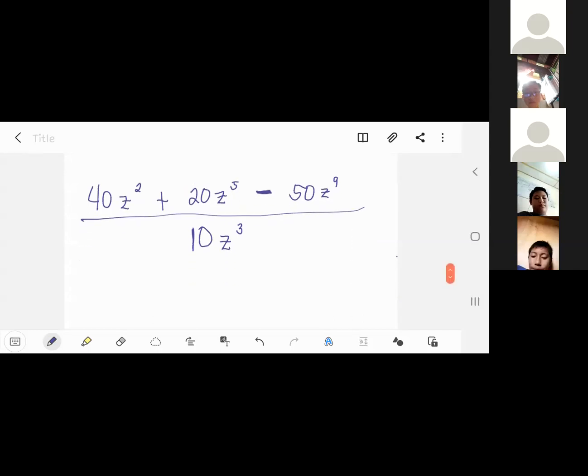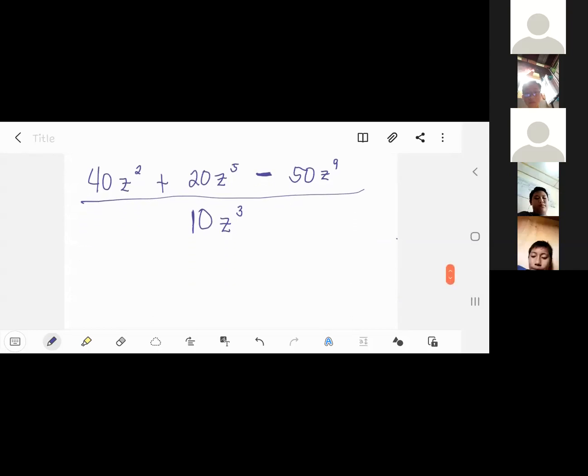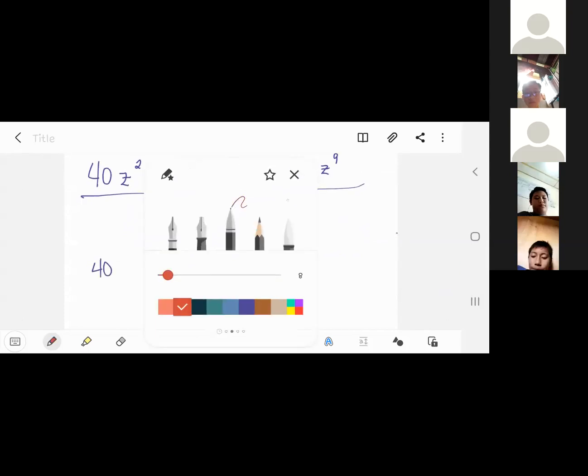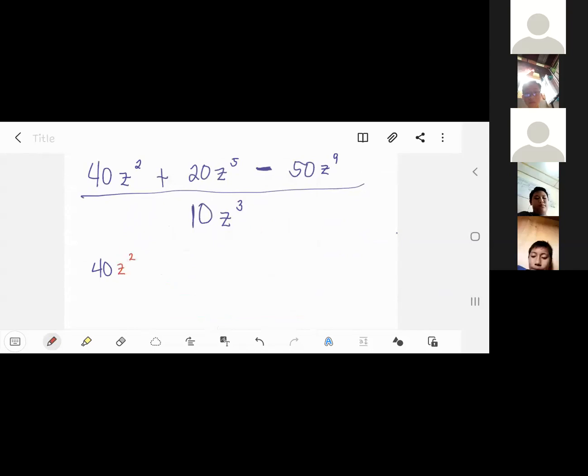Okay, now let's check your answers. Let us regroup this. 40z squared over 10z cubed plus 20z to the power of 5 over 10z cubed minus 50z to the power of 9 over 10z cubed.